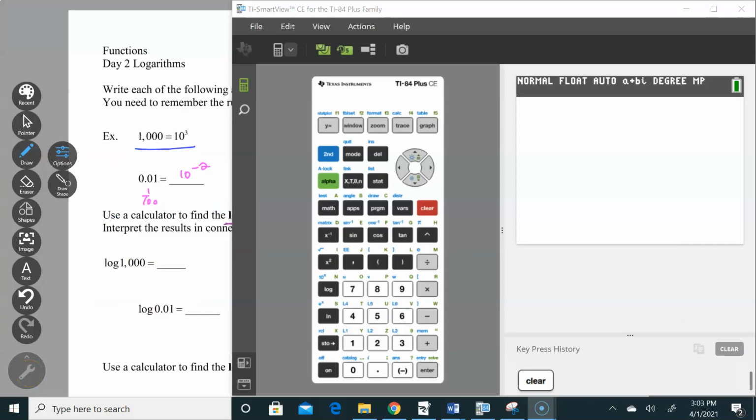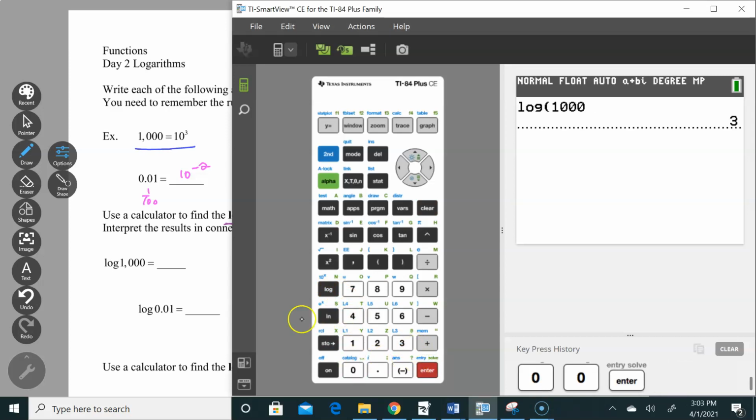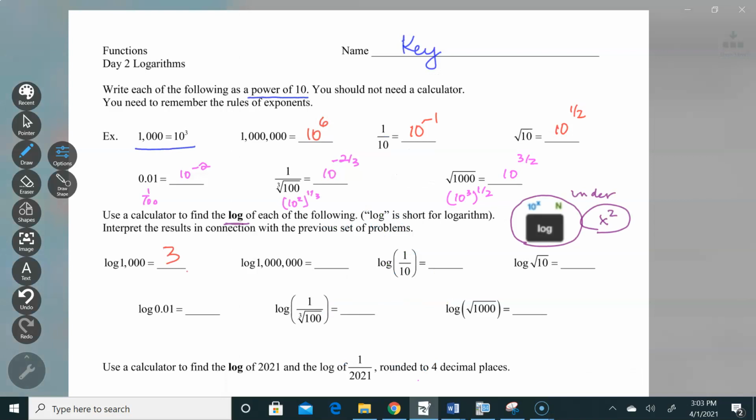So I'm going to do this on the calculator at the same time. I'm going to do log of 1,000, so the log key of 1,000. And we get that. I'll do the next one underneath it, log of 0.01. And my first two results are 3 and negative 2.